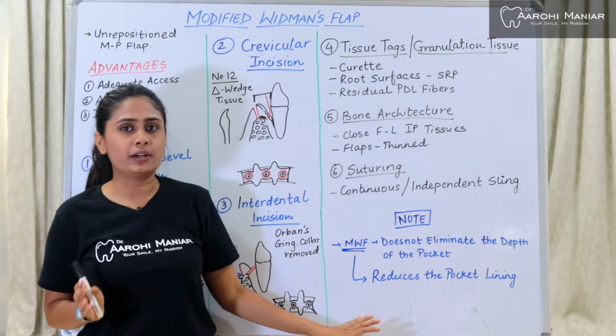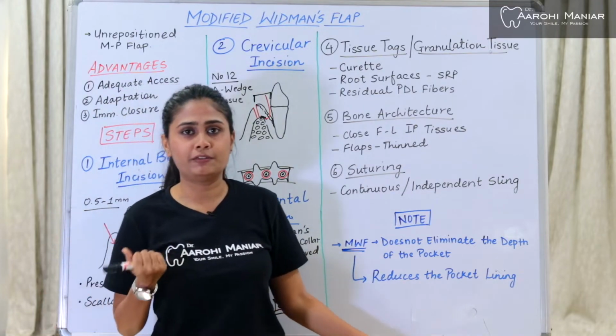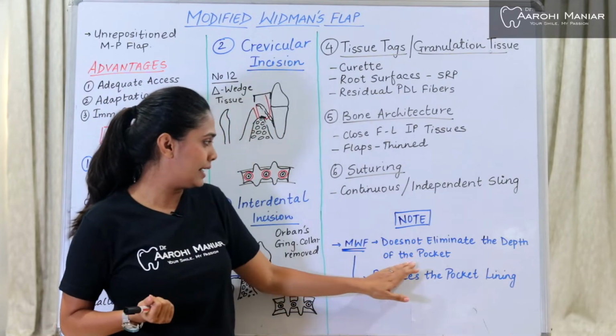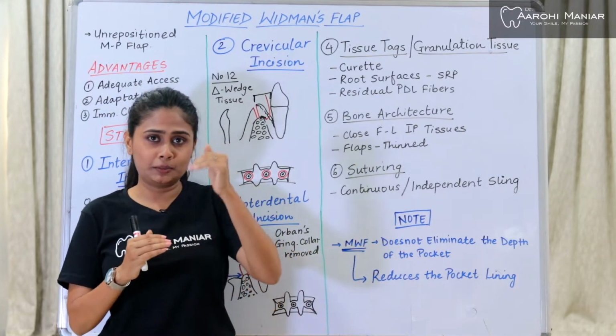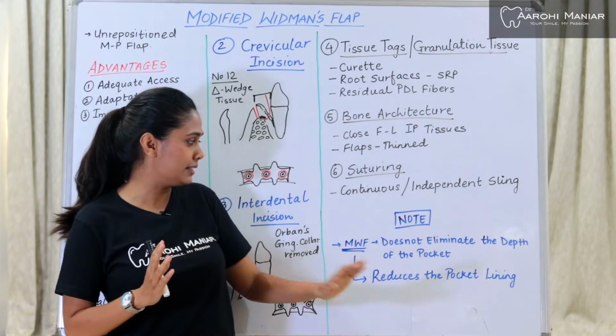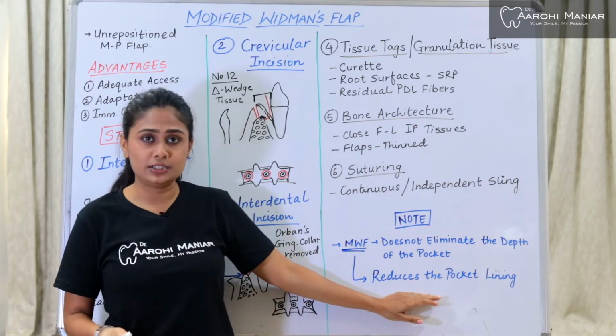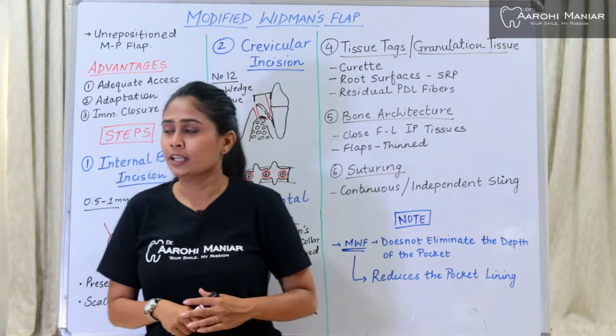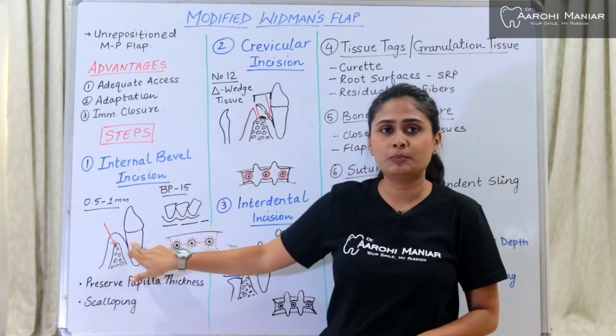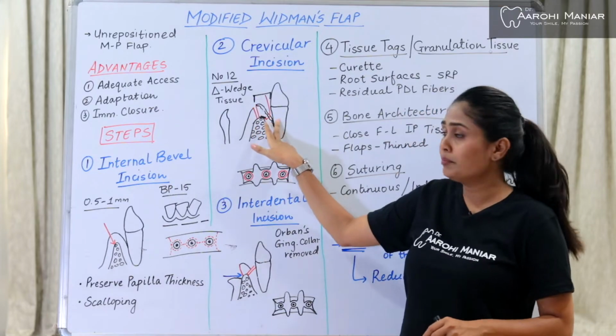The most important thing to be remembered in this modified Widman flap surgery is that we do not eliminate the depth of the pocket. The depth and the pocket level is still there, it's still the same. The only thing that we achieve with this kind of flap surgery is that we reduce the pocket lining. So here in this diagram, the depth of the pocket is still there. Here the depth is still there.